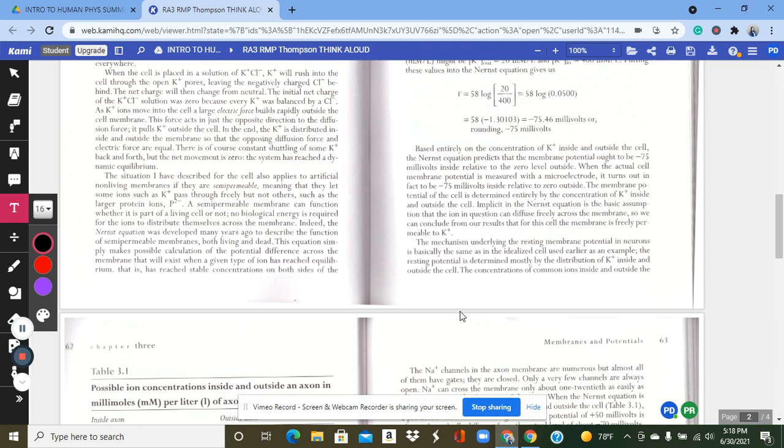Implicit in the Nernst equation is the basic assumption that the ion in question can diffuse freely across the membrane. So we can conclude from our results that for this cell, the membrane is freely permeable to K plus, or potassium. Just like what I mentioned earlier in this paragraph.